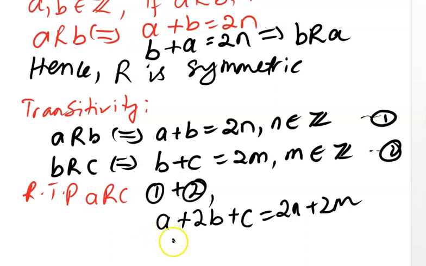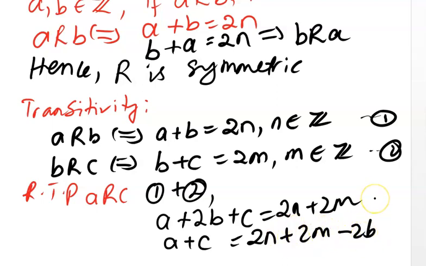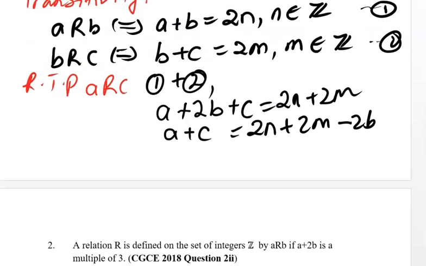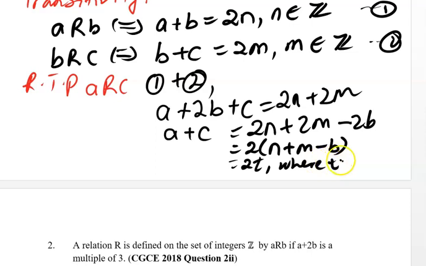Now when we rearrange, we have a plus c is equal to 2n plus 2m minus 2b, which is equal to 2 times n plus m minus b, which is simply 2t, where t is n plus m minus b.